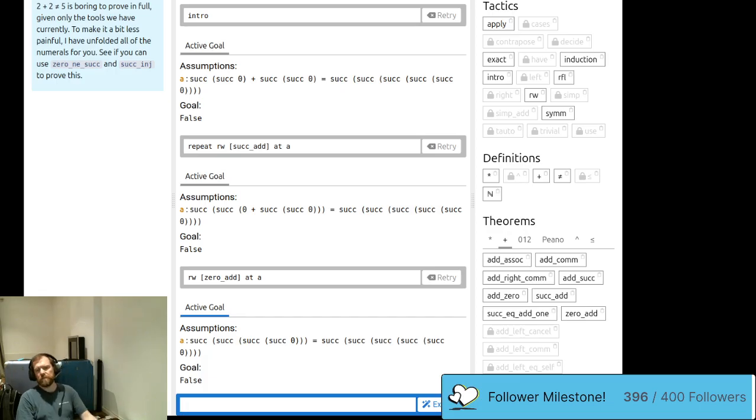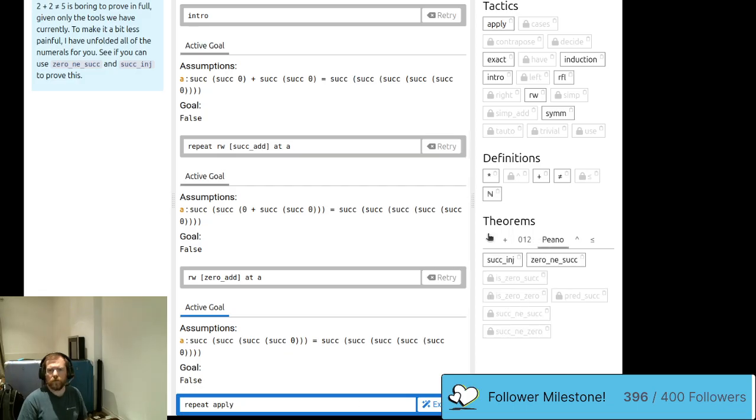Okay, that's better. Now we can just repeat, apply, piano 1, 0, 0 not equal to successive at A.